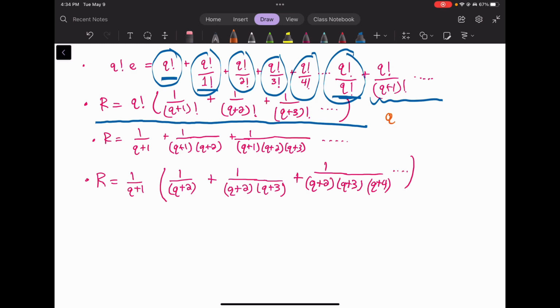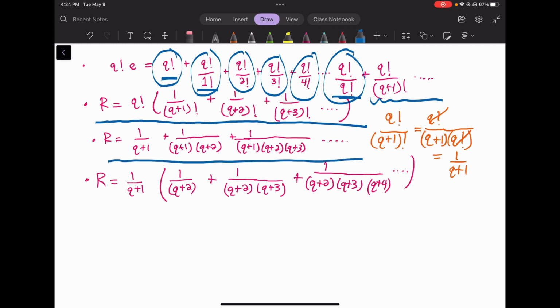So q factorial over q plus 1 factorial is equal to q factorial over q plus 1 times q factorial. So the q factorial and the q factorial cancel out, and then you're just left with 1 over q plus 1. So that's what I did here.